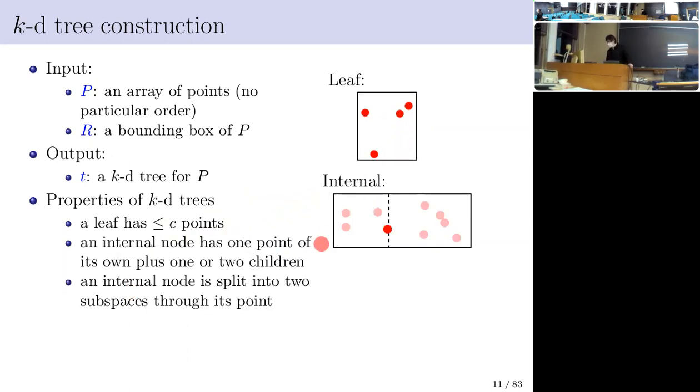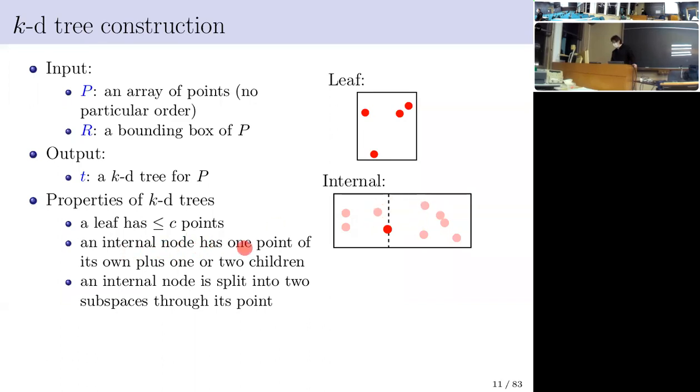The second one is an internal node, a node that has children. It has one point of its own through which this internal node is split. So this point belongs to this internal node, not to any of these two children.